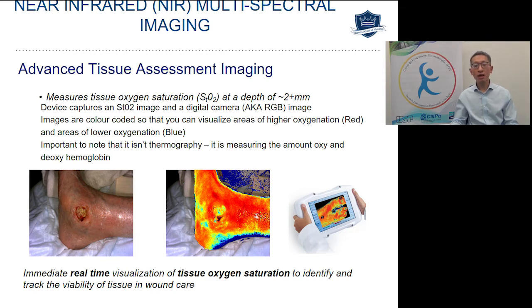After compression, you can see an increase in perfusion, increased oxygen delivery. Now you can see more red color, which is good. So again, this is a good point about why we need to bring attention to the fact that compression may be useful for the management of people even with arterial disease, if they have an edema problem.